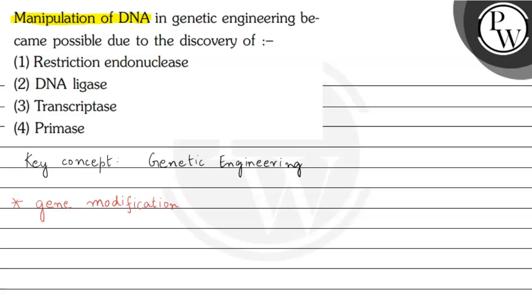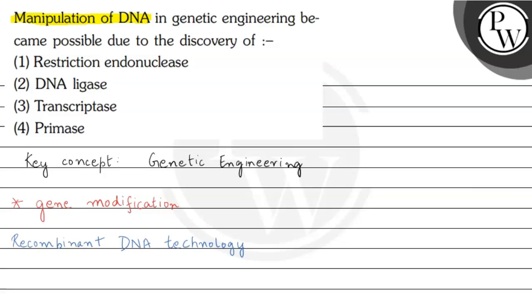So genetic engineering evolved with the discovery of a very important technology which is known as the recombinant DNA technology. So in this technology, we can add the gene of interest into any host organism in which we want.